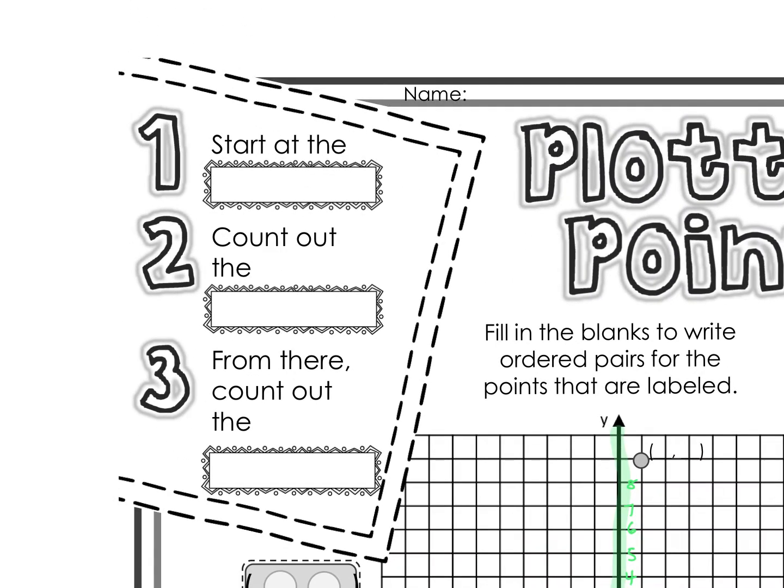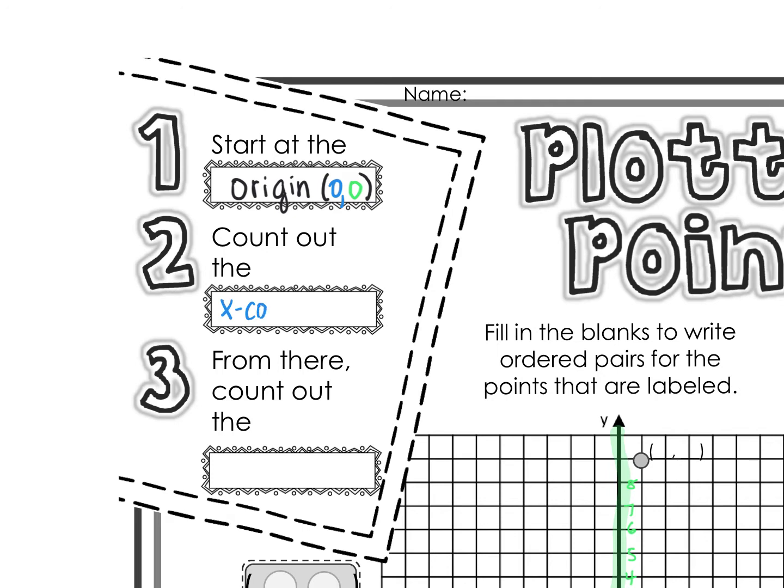Okay, so in order to plot an ordered pair, we always start at the origin. The origin we write as 0, 0, because the x-coordinate is 0, and the y-coordinate is also 0. So the origin is always 0, 0. We start there. And then we count out the x-coordinate.